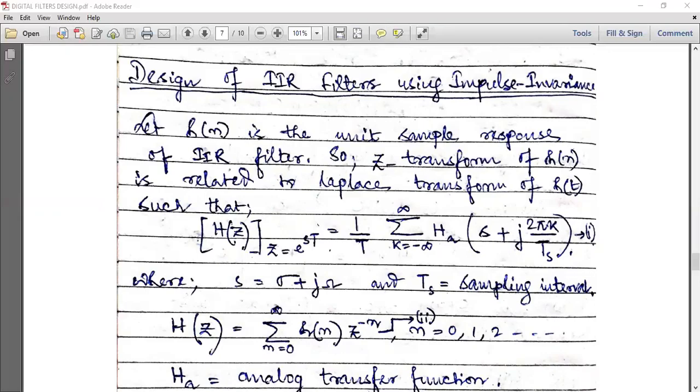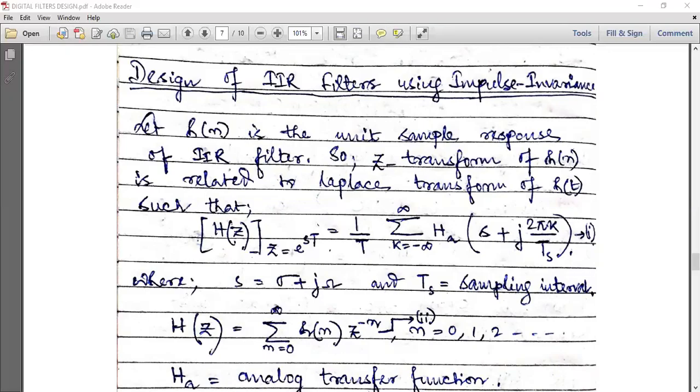So analog filter का impulse response और resulting digital filter का impulse response, both will be equal. Means it is just a sampled form. The digital filter's impulse response is just a sampled form of the analog filter's impulse response. Clear? Okay. Thus, the frequency response of the digital filter is an aliased version of the frequency response of the corresponding analog filter. Clear? Aliased version means sampled version.